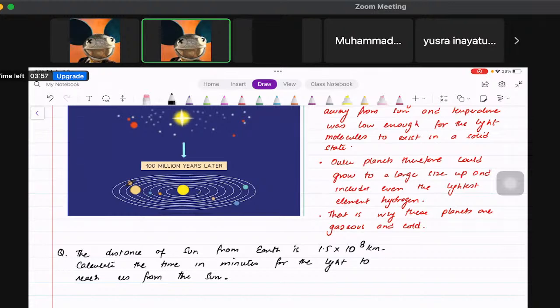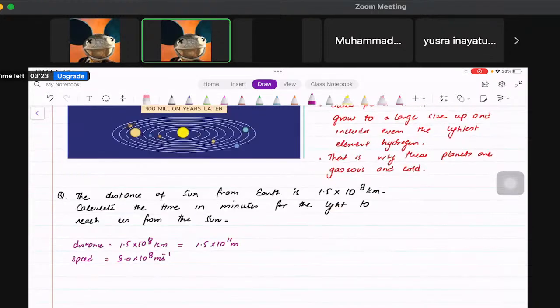Okay, let's try this. So, first of all, there is a lot of data, like the distance is given in kilometers, right? So we need to change this into meters. So it should be 1.5 times 10 raised to 11 meters. And then the speed of light, if you remember, is 3.0 times 10 raised to 8 meters per second. You should remember this. Now, speed is essentially just distance over time.